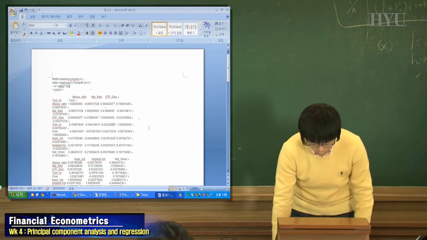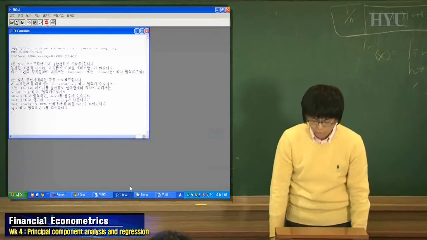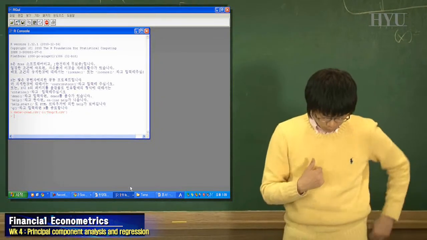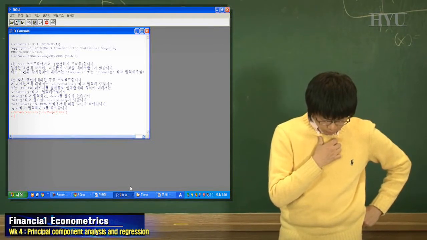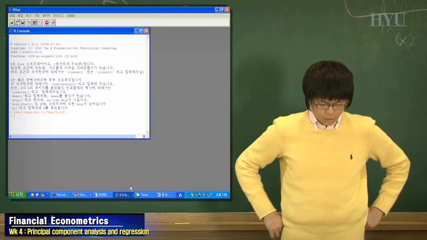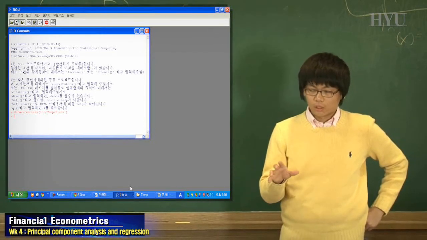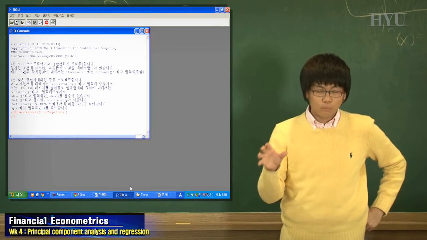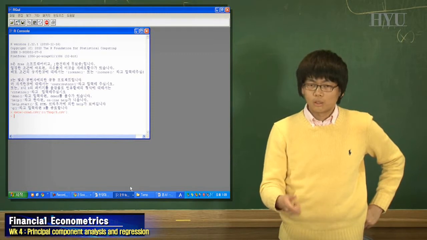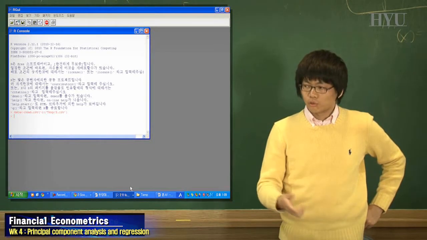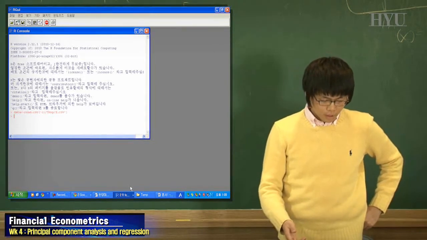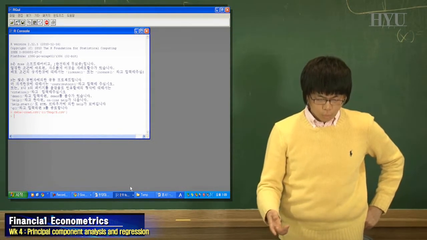Okay, at first I deleted column A because I don't know. After that I called my data, and I wanted to calculate the covariance of this data. However, I failed at this, but after deleting column A, I could make it work.